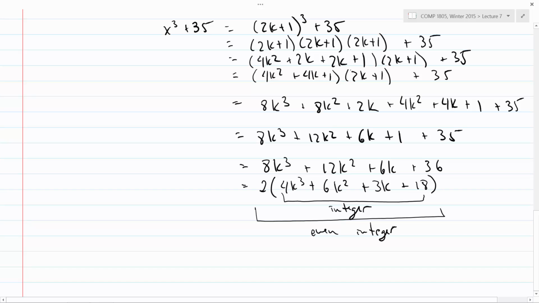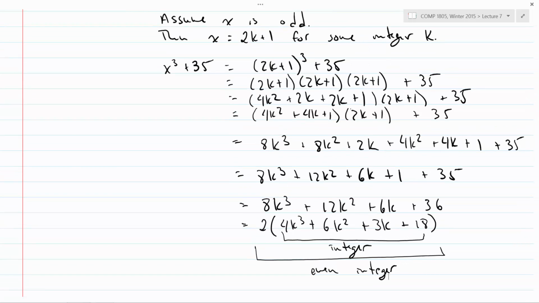Does everyone see how I did that? Question? Can I do what, sorry? I divide 36 by 2 because 2 times 18 is 36. Other questions? Yeah?